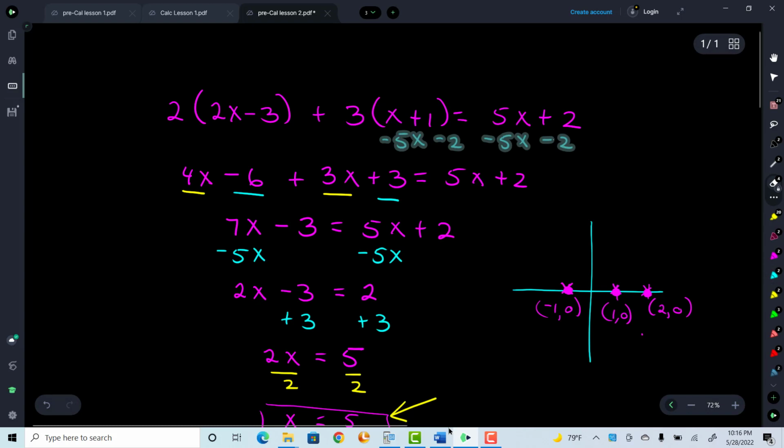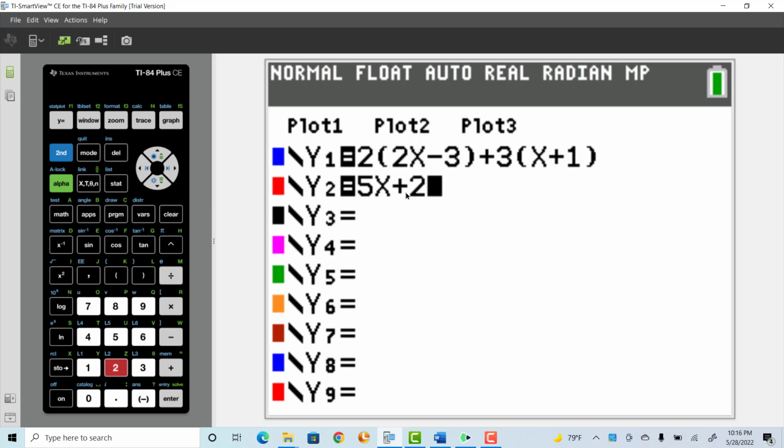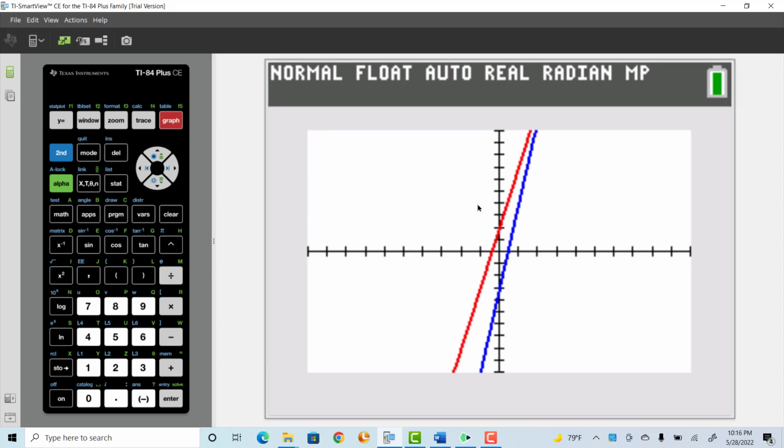And we said that that was equal to 5x plus 2. So what we can do on our calculator, right, we're going to put the left side in y1, and we're going to put the right side in y2, 5x plus 2. And we're going to look to see where they are equal or where they intersect.